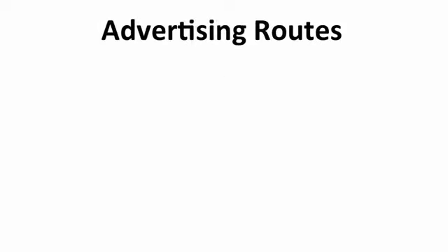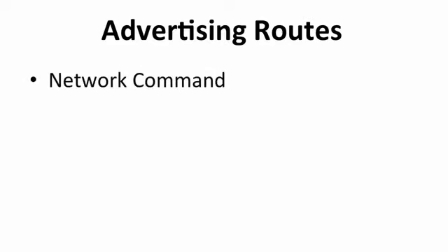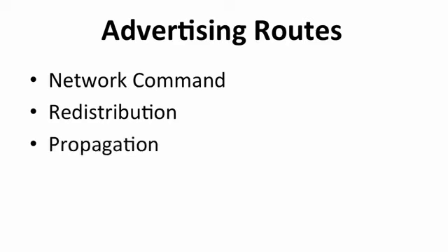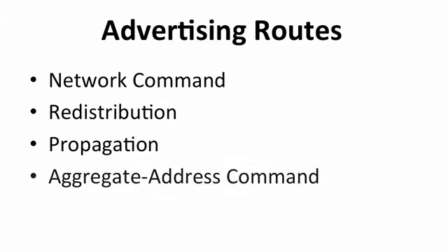Now, regarding advertising routes, advertising BGP routes can be done 4 ways, either through the manual network command, redistribution of BGP into IGP, or propagation of existing BGP routes, or again manually using the aggregate address command. Maybe the best way to explain these is to simply draw it out. Now imagine we have a router with an iBGP connection and an eBGP connection to an upstream provider.